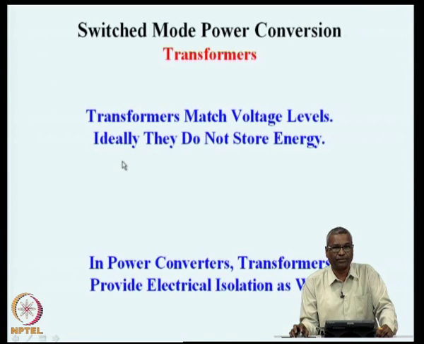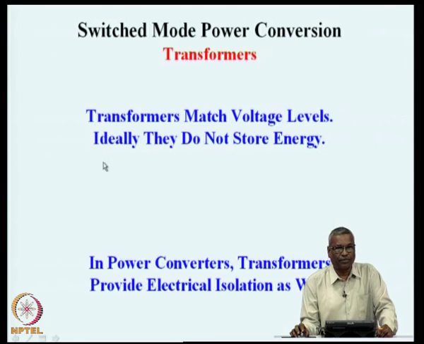We had seen in the previous session that inductors are used in power conversion circuits in order to store energy, in order to smoothen the flow of energy, which is necessary because we control the power flow using switches which are discontinuous elements.